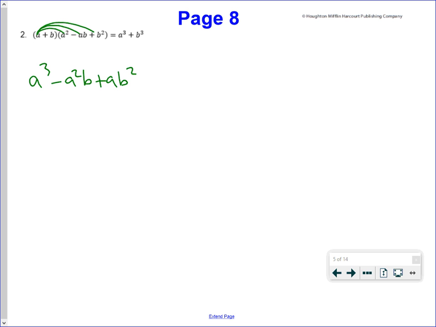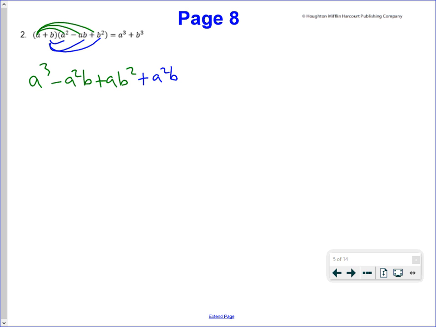Next, we're going to do the same thing with the b. We'll multiply the b with every term in the other polynomial. So b times a² is a positive a²b. And on this note, it's always good habit to write your variables in alphabetical order, so we're always going to put our a before our b. So b times a² is a²b.